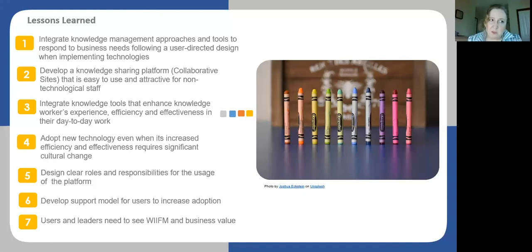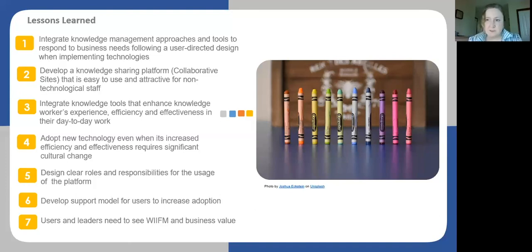From a training perspective, we did variations of training and approaches, and in retrospect, what helps is to have the training based on each area's business scenario and run their scenario through the platform as they learn.